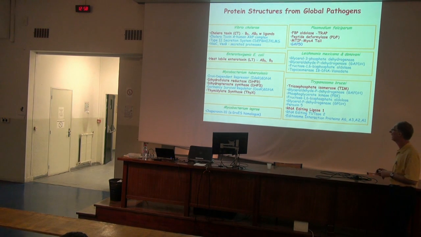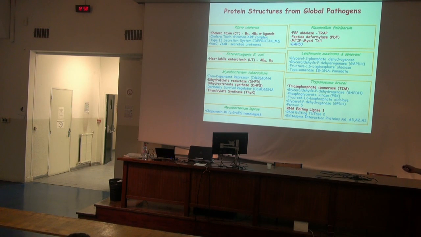Nevertheless, we have been working on a large number of targets, as they are called, drug targets, or sometimes possible drug targets. On the left-hand side are bacteria. On the right-hand side are unicellular animals, if you wish, which are at least eukaryotes. So here we have Vibrio cholerae.